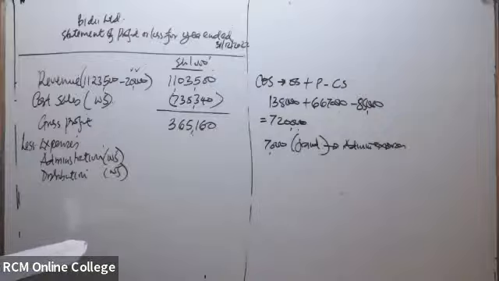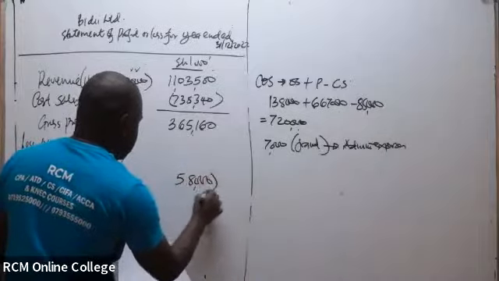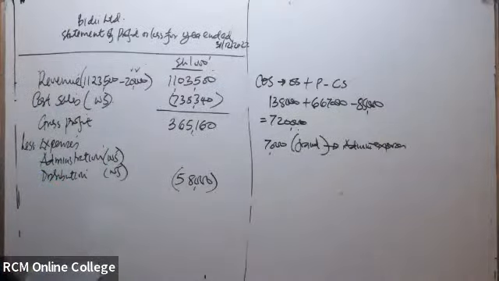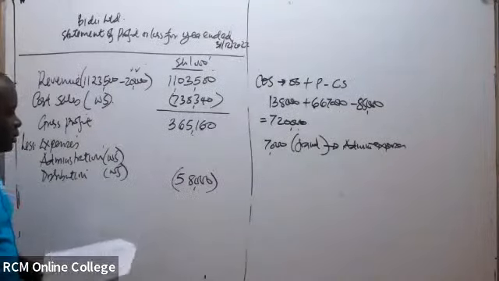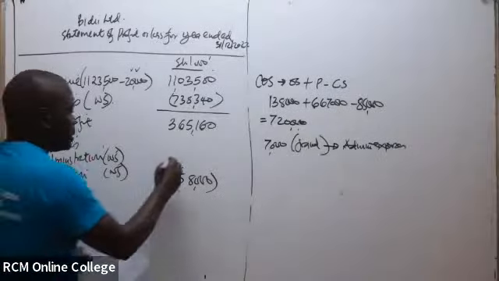Is it 105? Distribution was coming to 58 million. Then the administration was coming to 115,500. Administration expenses was coming to how much? So this one was 58 million, and administration was 115,500.